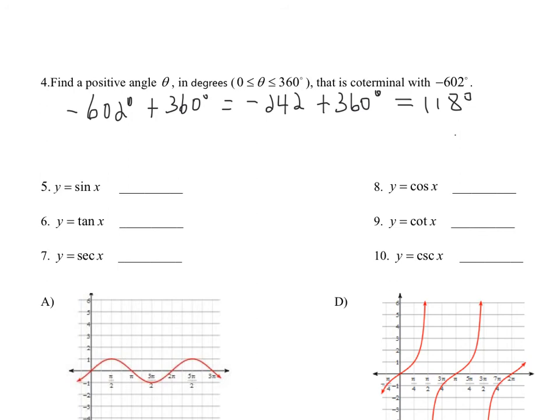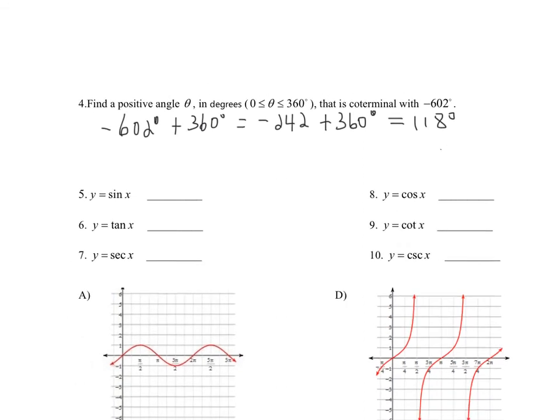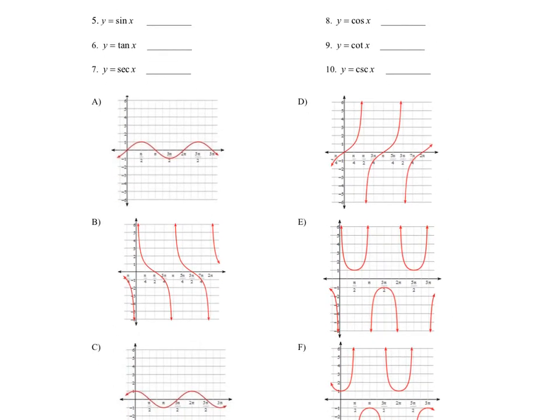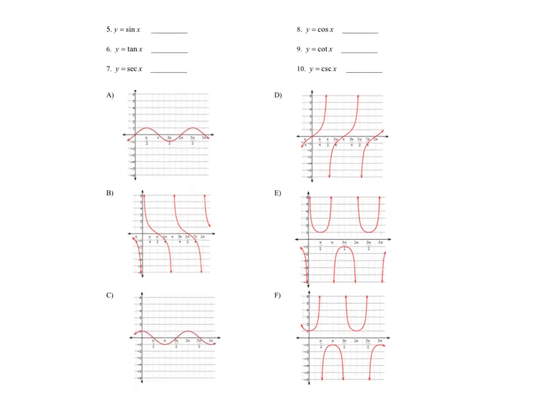Okay, so for the next questions, questions 5 through 10, this is just matching the graph to its parent function, and this is pretty easy. We know that sine and cosine have a wave shape, so we know that either graph A or graph C is going to be sine x.